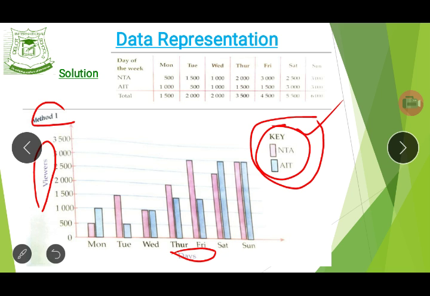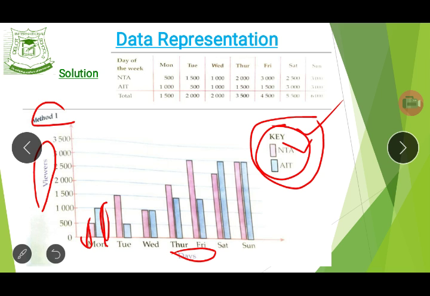Okay, so now on Monday, like we said, NTA is red, right? Let's say pink. 500 people watched NTA, so we have 500. 1,000 persons watched AIT, so we have AIT. And then we differentiate them. The color for NTA, pink. The color for AIT, blue. Do you see that now?